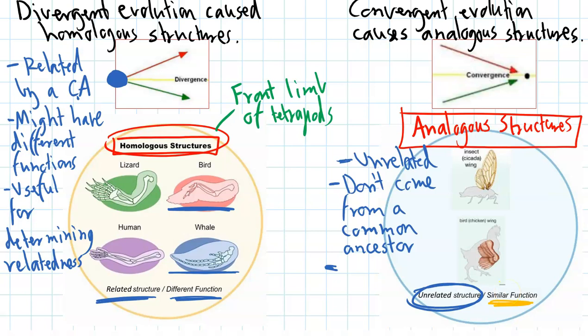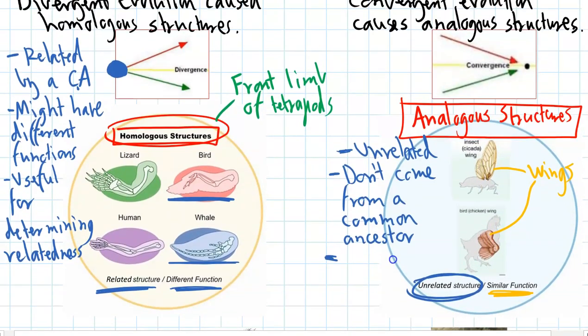And here's our example of some analogous structures. And wings are a great example. Lots of different species, completely unrelated, have evolved wings. So cicadas have evolved wings. Chickens have. What else have? Some of the flying reptiles, like the pterosaurs and pteranodons that lived when the dinosaurs did, or the big dinosaurs.